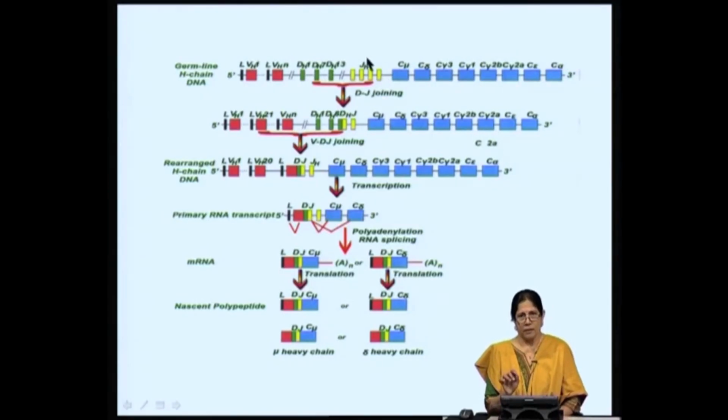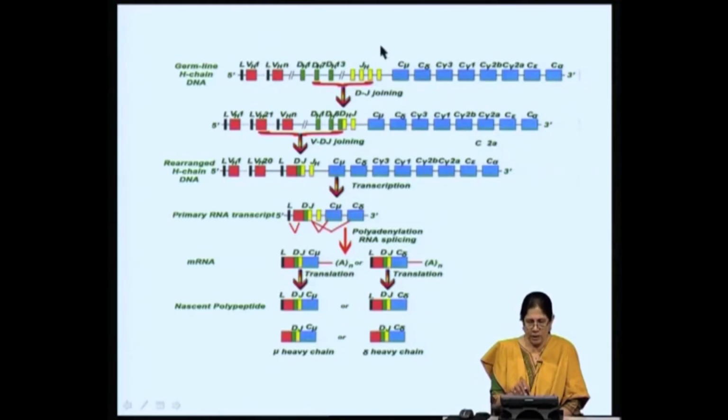Like I said a little while ago, first the joining in case of the heavy chain happens between any one of the J yellow with any one of the D green.